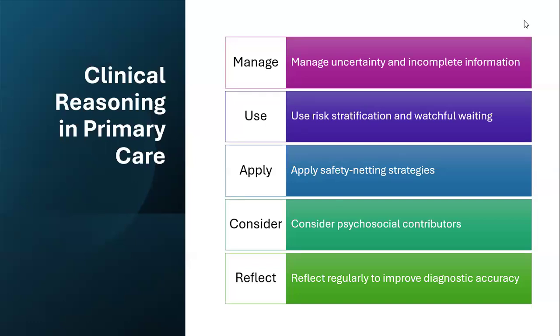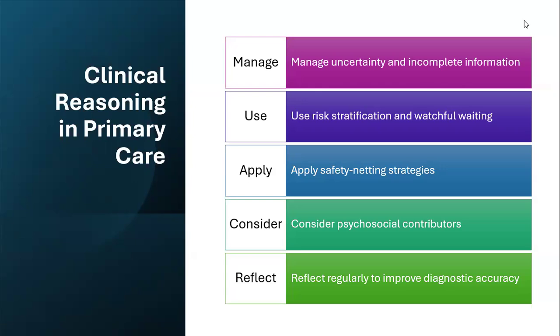And also we consider psychosocial contributors to the patient's complaint, because we do not only think about the physical illness, we know our patient well. So we are in a better position to consider psychosocial contributors to illness as well. And also we reflect regularly to improve diagnostic accuracy, because as experienced general practitioners you may have seen lots of patients.